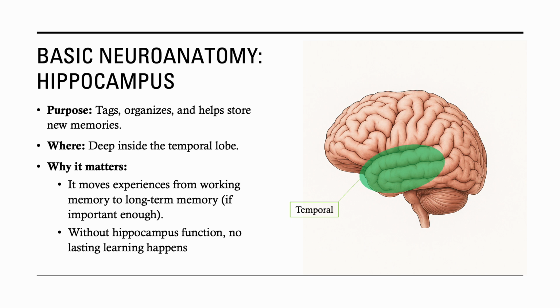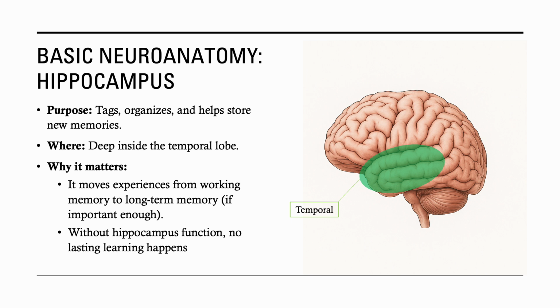So once we pay attention to something and start thinking about it, the brain kind of has to decide, okay, are we going to keep this information or are we going to let it go? That job belongs mostly to the hippocampus. I kind of see it as like a filing system. It takes the important things we experience, and it helps turn them into long-term memories that we can keep.